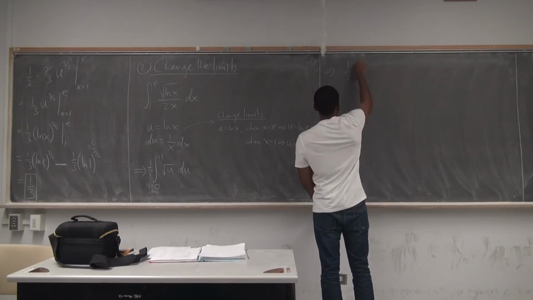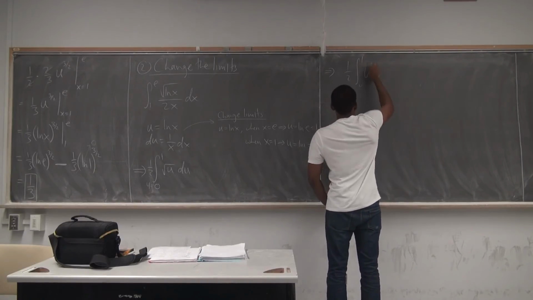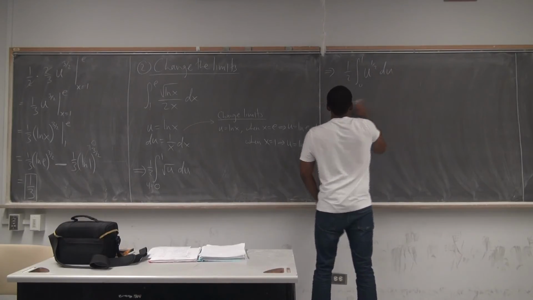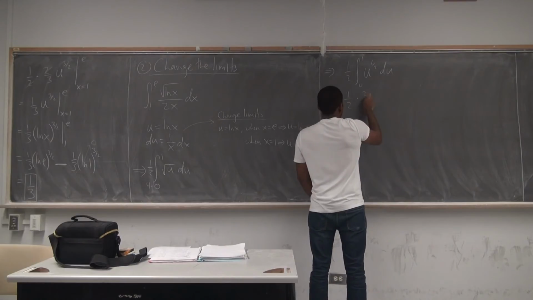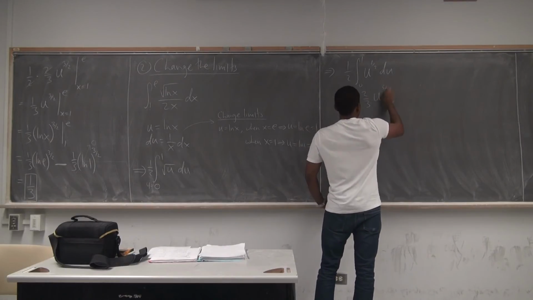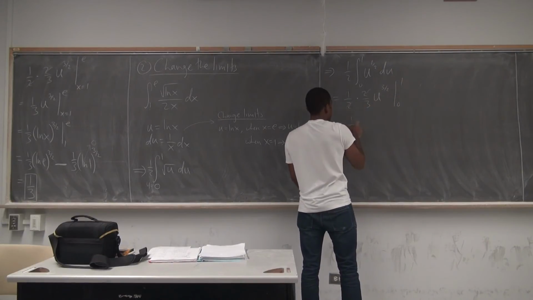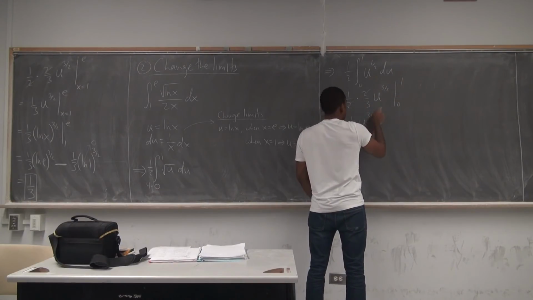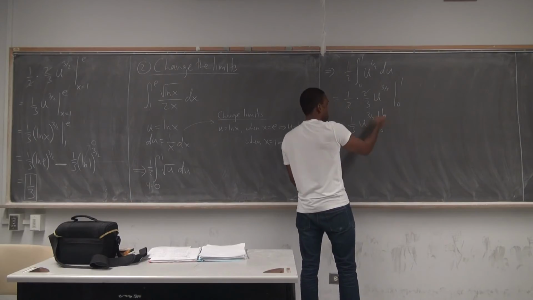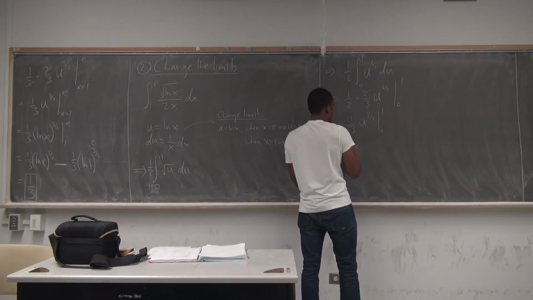So I have 1/2 times integral from 0 to 1 of u to 1/2. This becomes 1/2 times 2/3 u to the 3/2. So I plug 1 into here. Let's get 1/3.